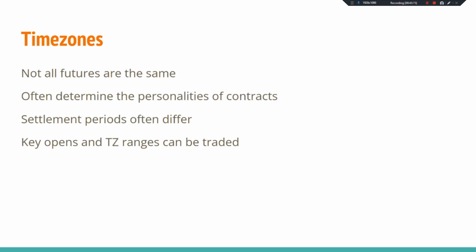It's usually determined that an overnight session is kind of the Asian session, and if any of you have traded Forex, you'll be familiar with this kind of concept. So the Asian markets kind of lead and lag the day. Then the European markets kick in about 6 hours before the US markets. Then the US markets, and then back to the Asian markets.